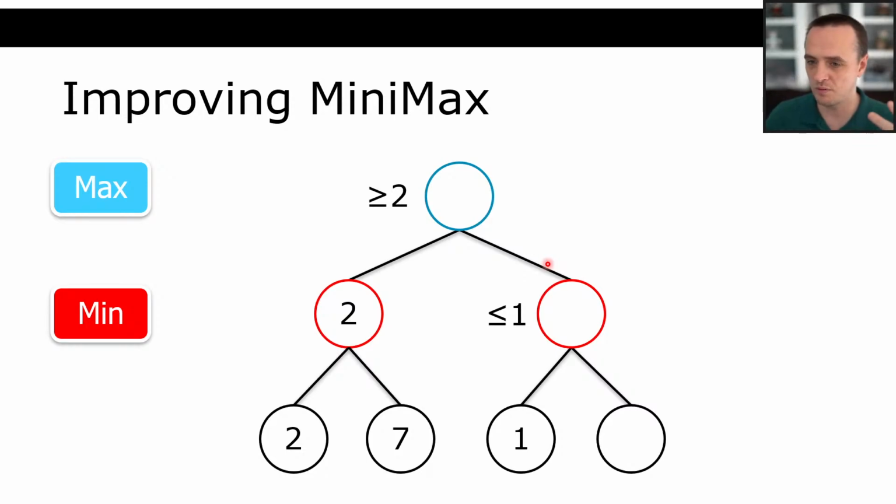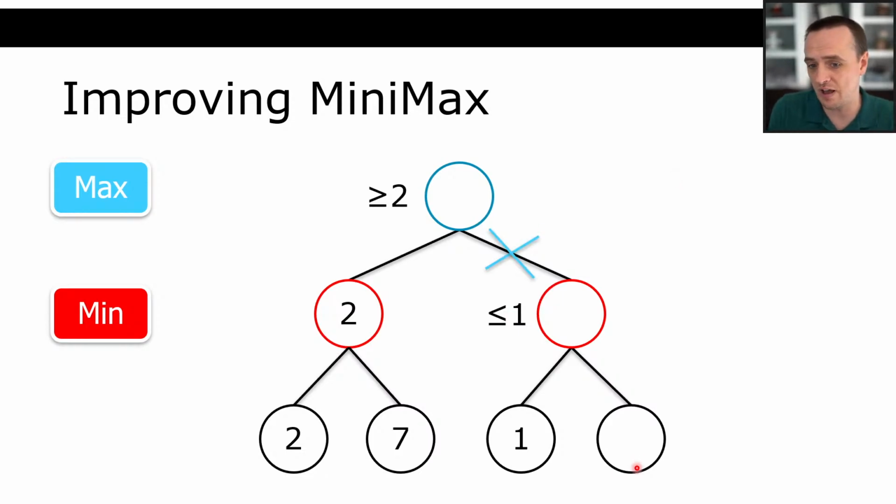So just look at this now. This is a very important point that I want you to not progress with the lecture until you understand. Since the maximizing player knows that its value is going to be at least 2, and this value is going to be at most 1, then no matter what this is, it's going to be less than 2, and so I can just say screw it.